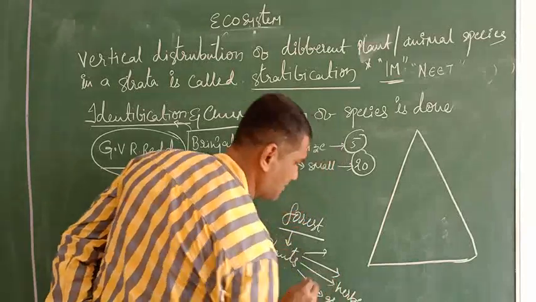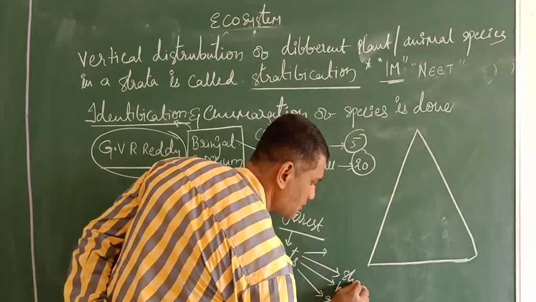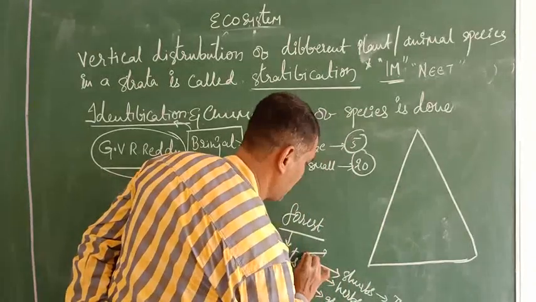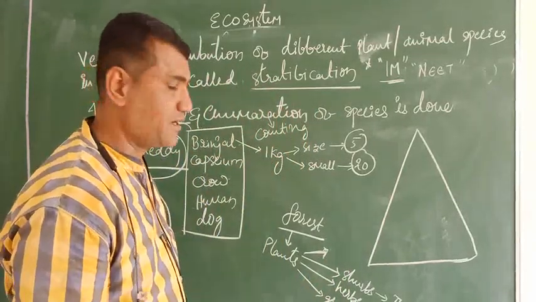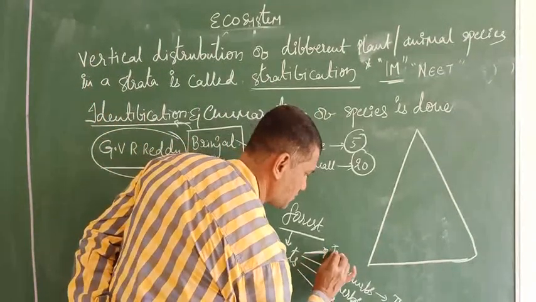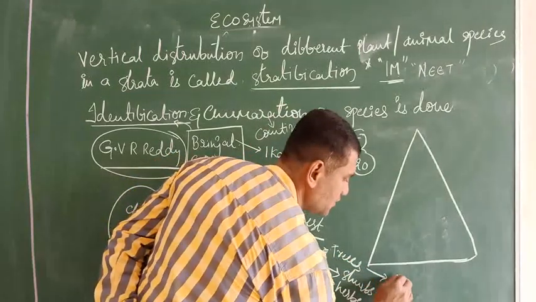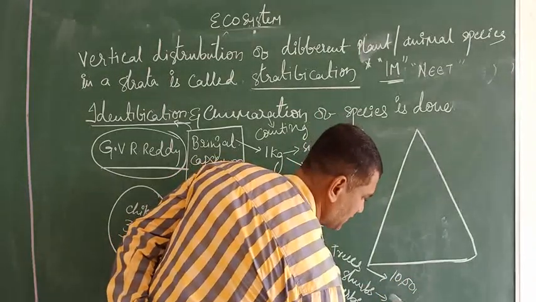The shrubs will be in thousands. Plants like big trees, assume 10,000, here 90,000.